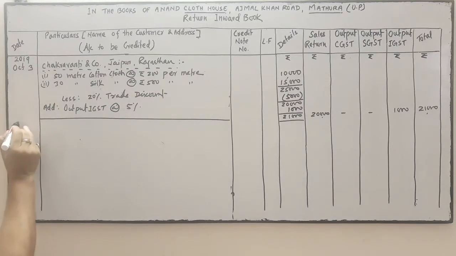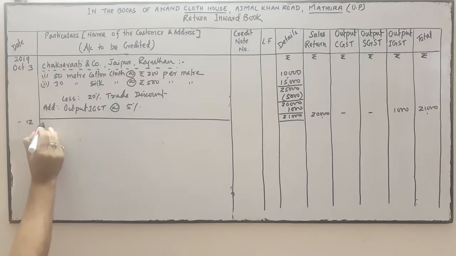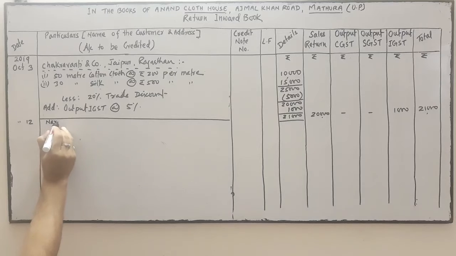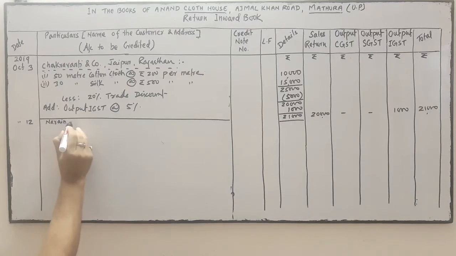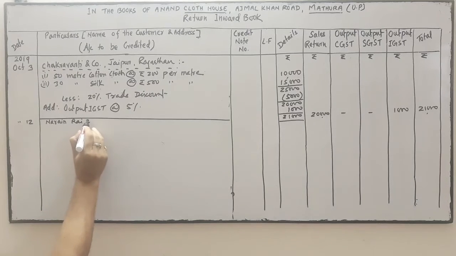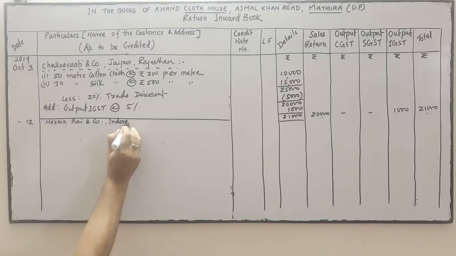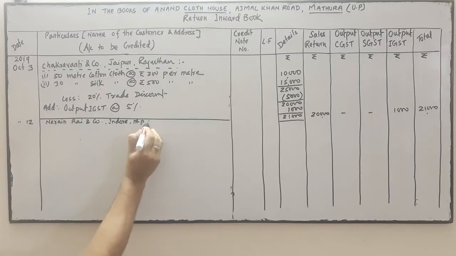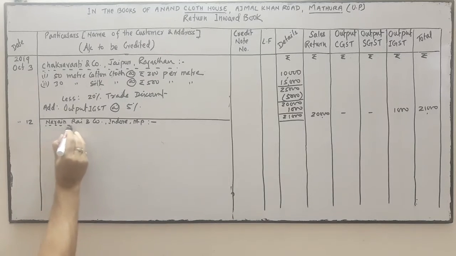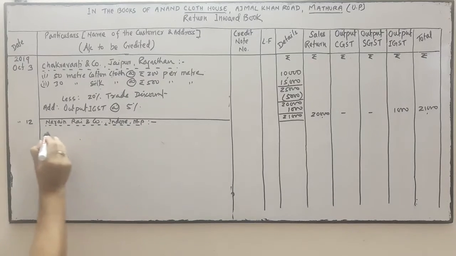So on October 12, the name of the customer is Narayan Rai and Company, Indore, MP.